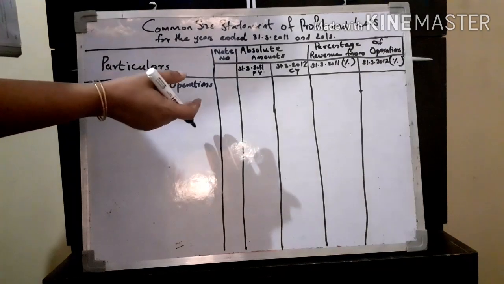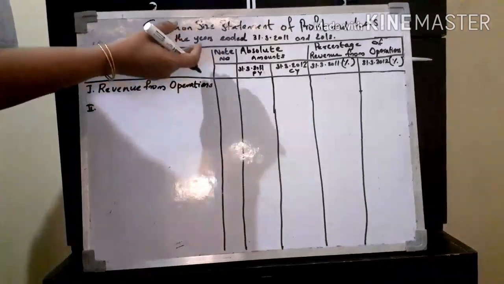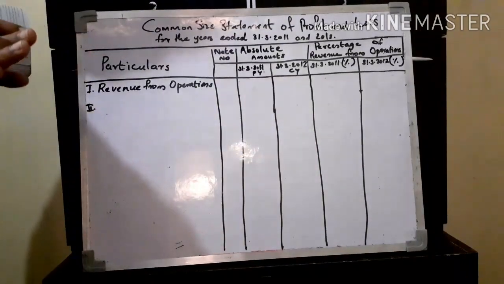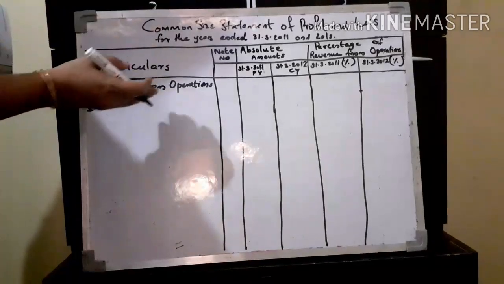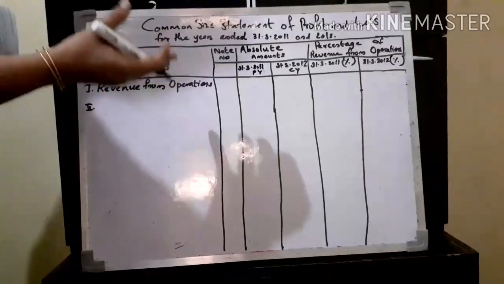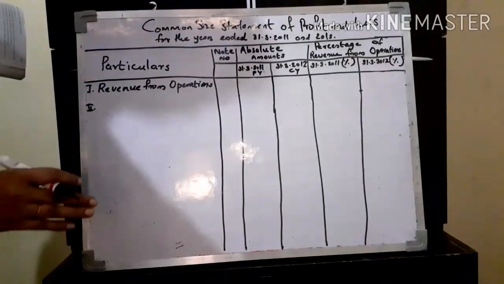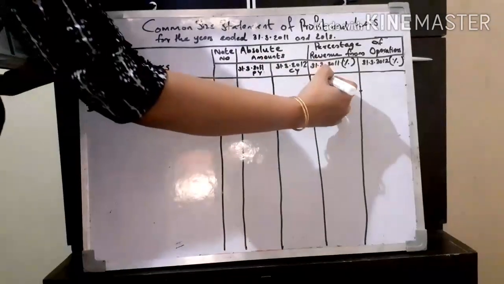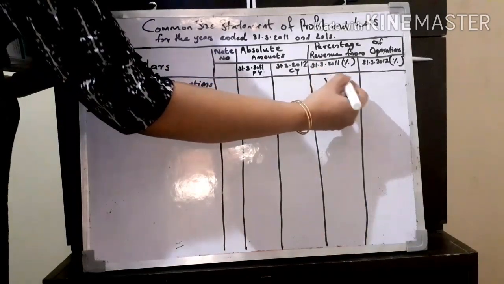Now I am going to discuss how to prepare this common size statement of profit and loss. I already told you, revenue from operations we consider as the base for the preparation of common size statement, and we assume revenue from operations is 100.